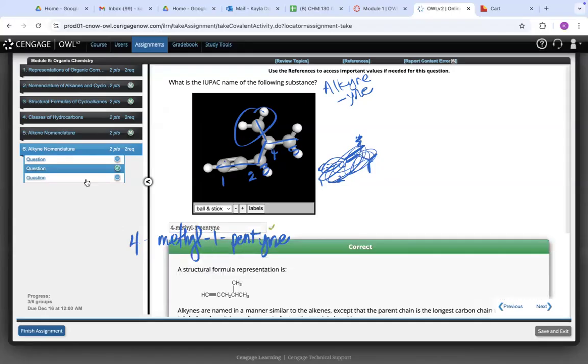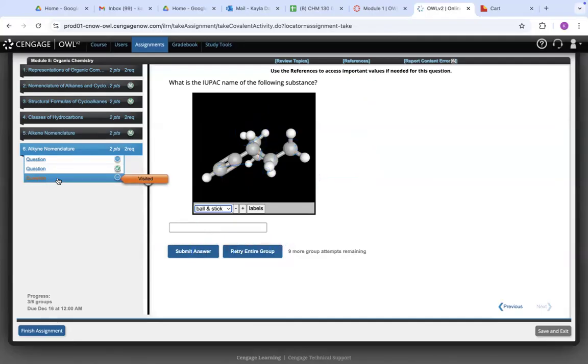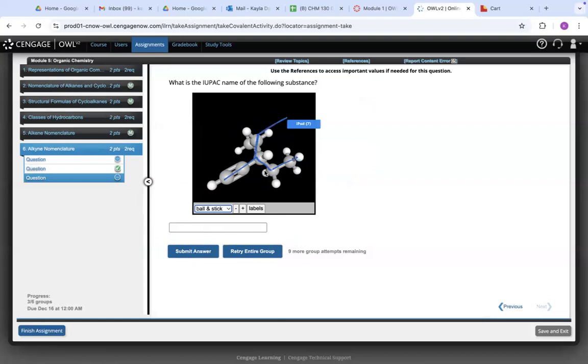There we go. All right, let's look at this one. Ooh, all right. So I see our main chain here, and then I see a 2 carbon branch here, right? The branch is continuous. It really goes that other direction, but I think it looks prettier if I draw it like this.